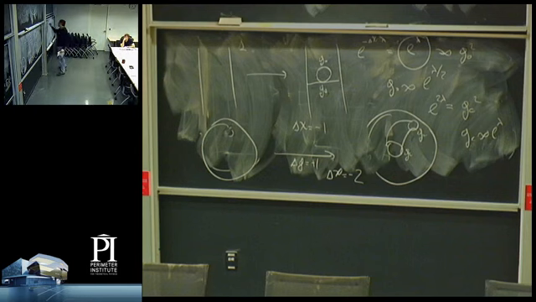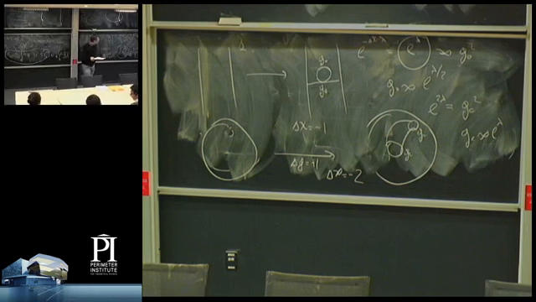So this path integral, the integral dX over dg of e to the minus S[X], is not a nice path integral.